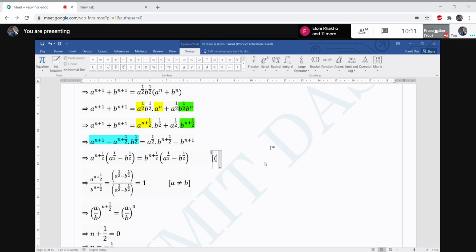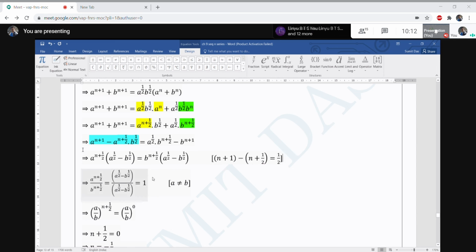Basically, from n plus 1, I'm taking common n plus 1 by 2. Taking common means this, right? Minus, so n and n cancel, 1 minus 1 by 2 will be 1 by 2. Okay, that is the fact.